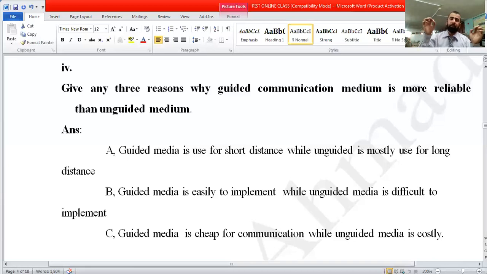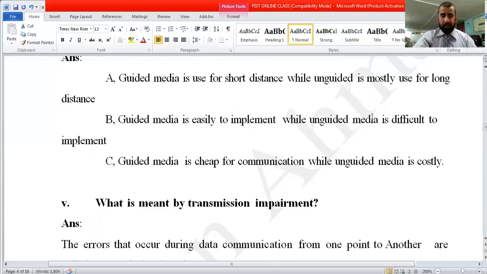If I want to place a satellite in the air, it is very difficult for me. Guided media is cheap for communication, while unguided media is costly. So these are the three reasons guided media is more reliable than unguided media.